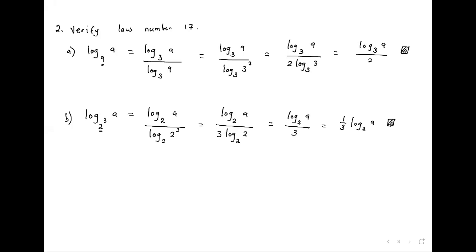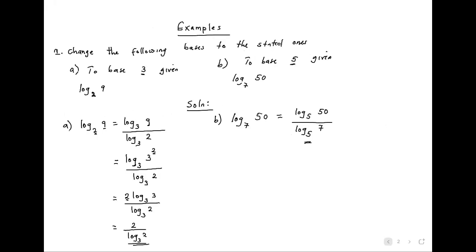But because we knew that 9 can have a base 3, we decided to change the base from 9 to 3. And so we had log A base 3 over log 9 base 3. We have changed the base. Then now we work out the log 3, 9, just like we did here when changing the base.